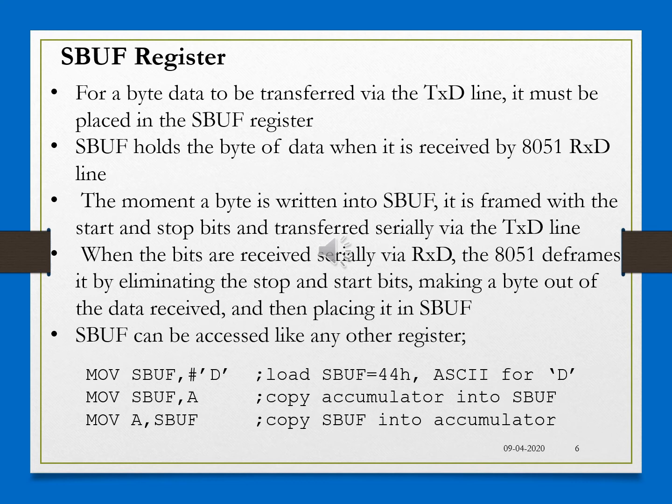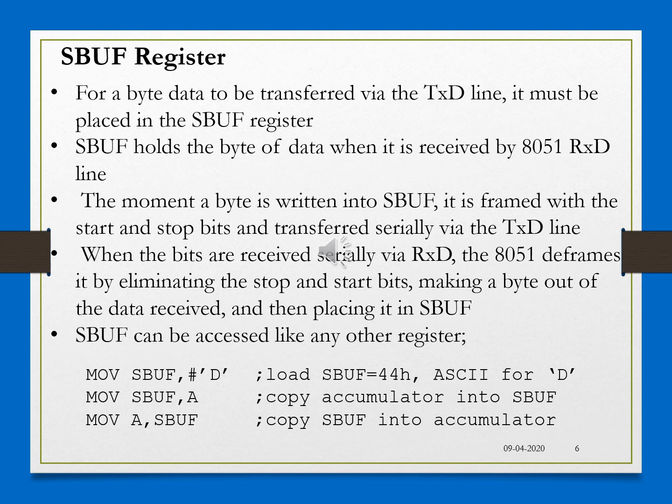The 8051 deframes this, eliminates the start and stop bits, and then 1 byte of data will be placed in the SBUF. So you can imagine SBUF to be on the transmitting line and the receiving line as well. SBUF register can be used like any other register.